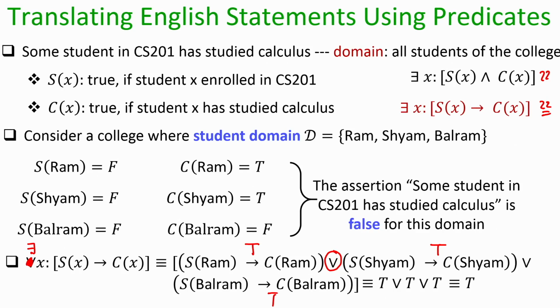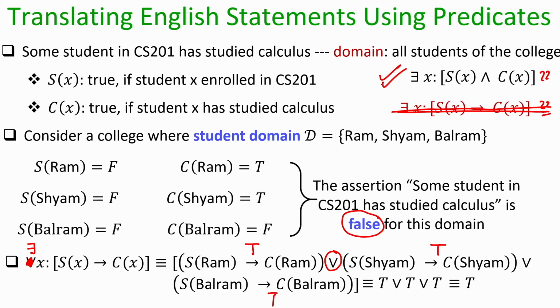That means, even though the assertion that some student in CS201 has studied calculus is false with respect to this domain, the second expression turns out to be true with respect to this domain. That tells us that it is not the second expression which represents the assertion that we are interested to state here. It is the first expression which is the correct expression.